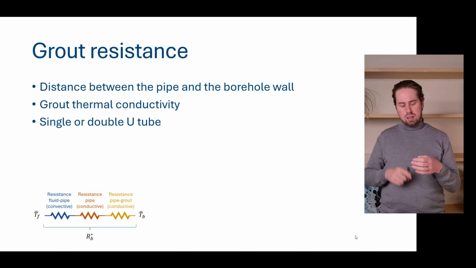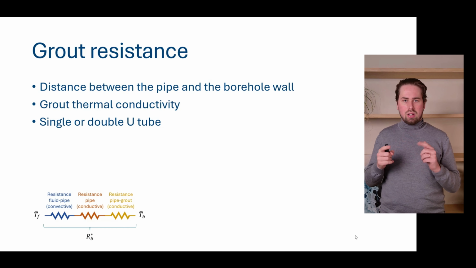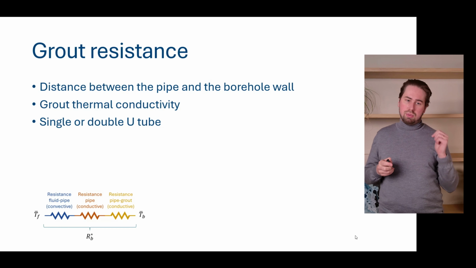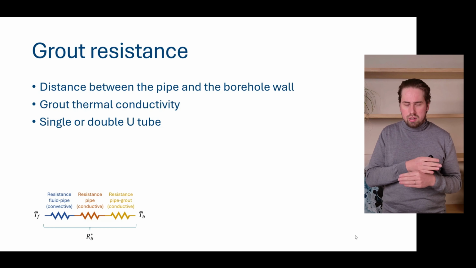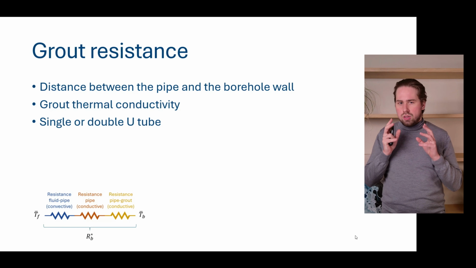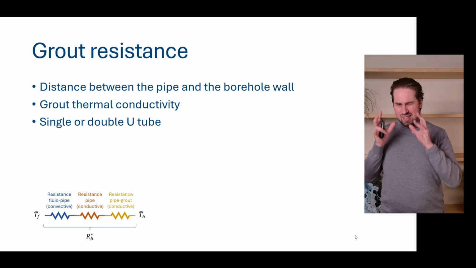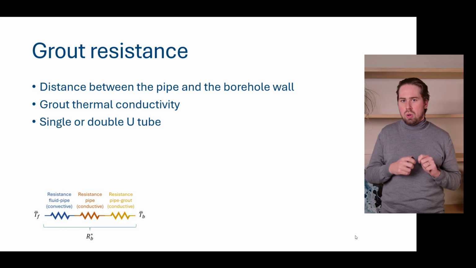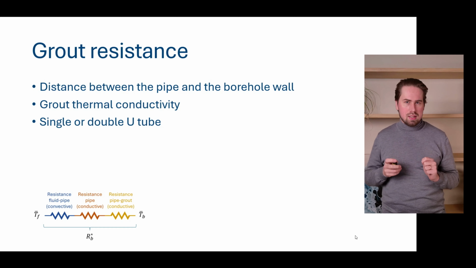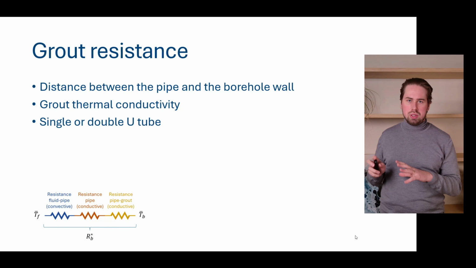Because instead of pumping it through one pipe, you're now pumping it through two pipes. So each pipe only gets half, meaning that, if you recall, our fluid resistance can also change significantly. So just for the grout resistance, yes, it's definitely better. For your effective borehole thermal resistance, it really depends. And we will be covering that in much more detail later on.